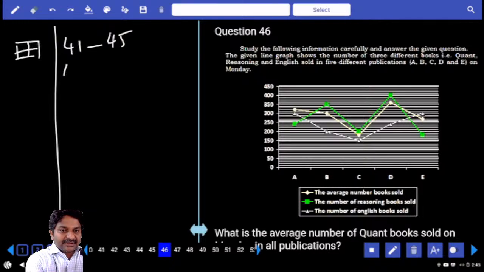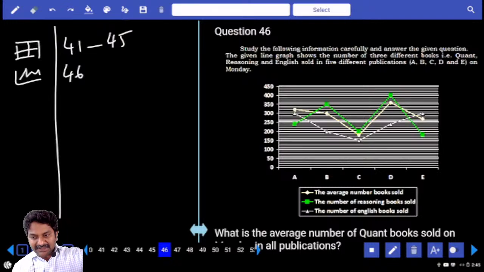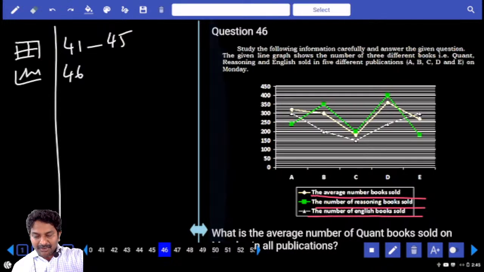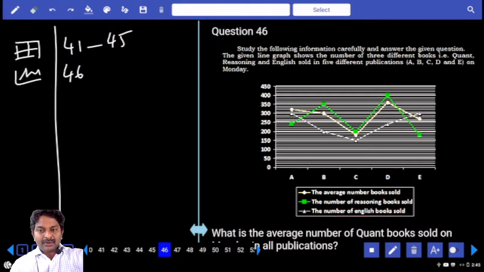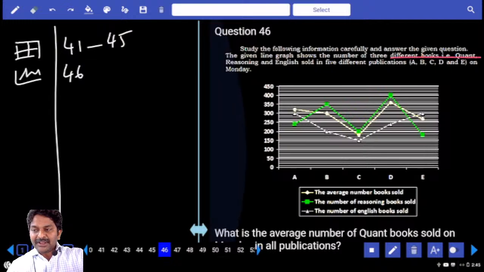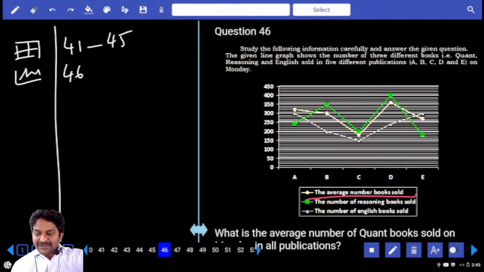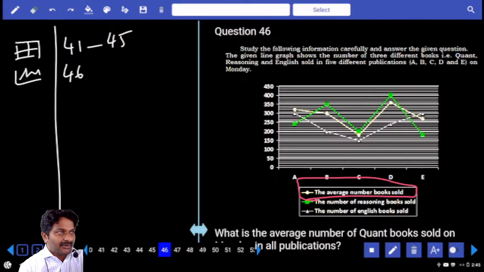Next is 46 onwards. We have a line graph. Observe the data. Average number of books, number of reasoning books sold, number of English. We have 3 books: quant, reasoning and then English. When you have average here, we can convert into sum of total number of books.